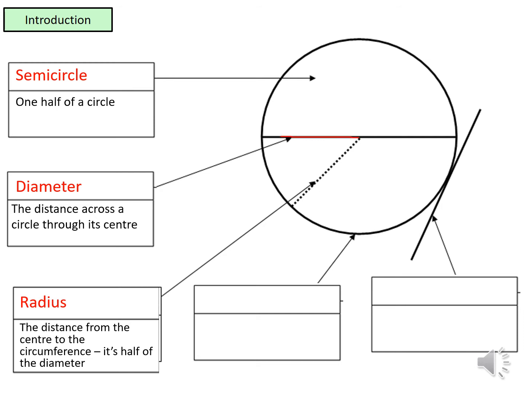So anything halfway, that's my radius here. In this case it could be in any direction. Here's another one, halfway again. It could have been here, halfway again. Obviously the lines need to be straighter. Okay, so that's radius.